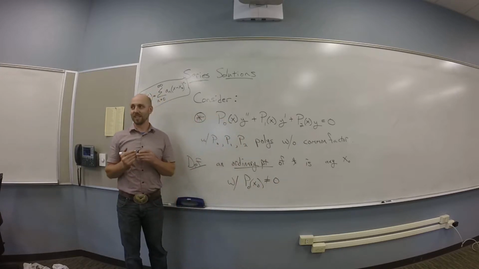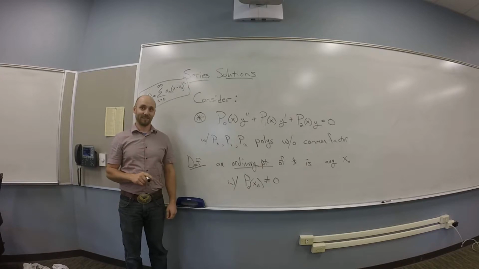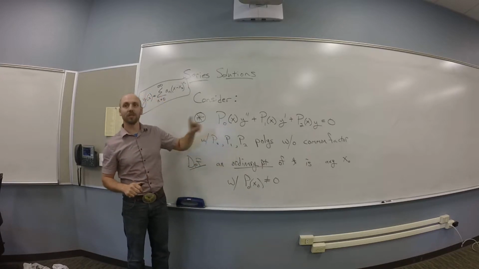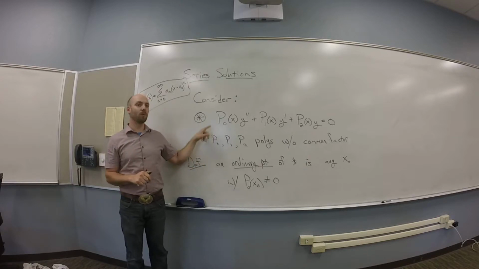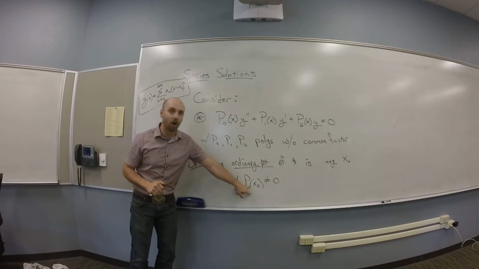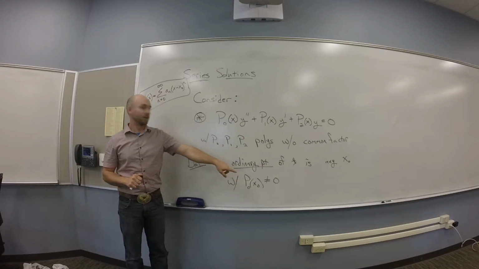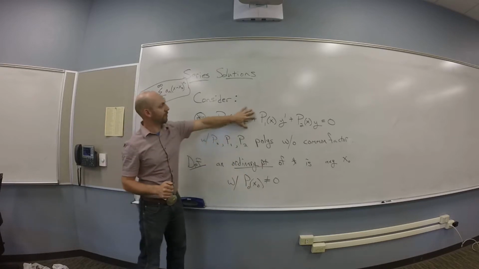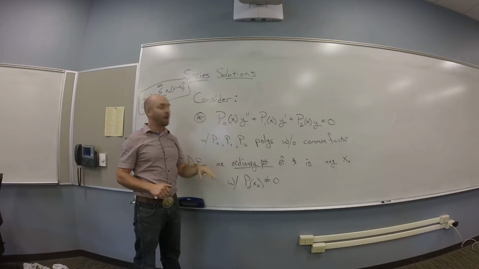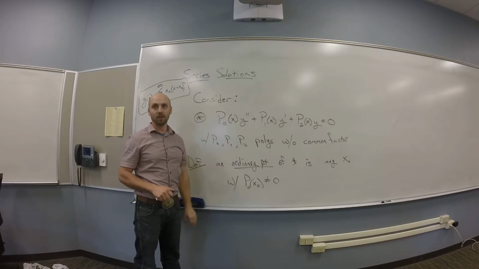There were way too many knots in that sentence. So an ordinary point is one where this leading polynomial isn't 0. In other words, it's a point where you honest to God have a second degree differential equation. Because if p naught is 0 there, then you don't really have star; you have some truncated first degree version of star, and that would be weird. So I'm only going to explore ordinary points.